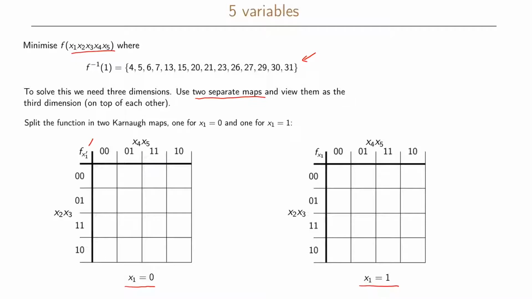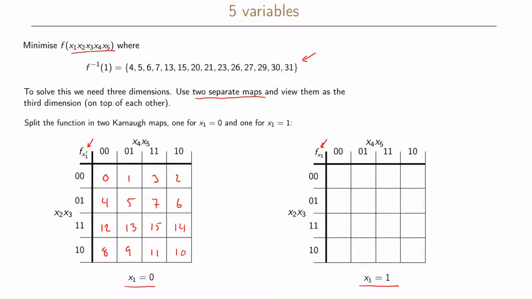So this here will correspond to the function f when x1 is a 0, and this one will correspond to the function f when x1 is a 1. Now if we compare this to how we have denoted the rows in the truth table, this will be 0, 1, 2, 3, and then 4, 5, 6, and 7, then 8, 9, 10, and 11, 12, 13, 14, and 15. This is what we have seen before when we had 4 variables.